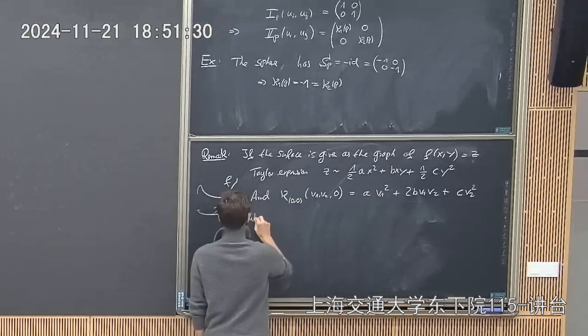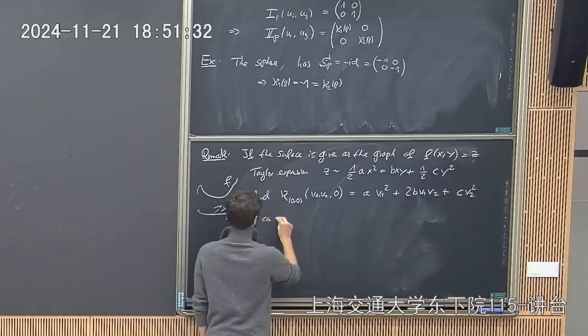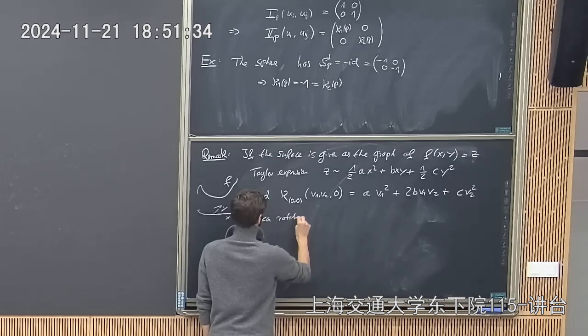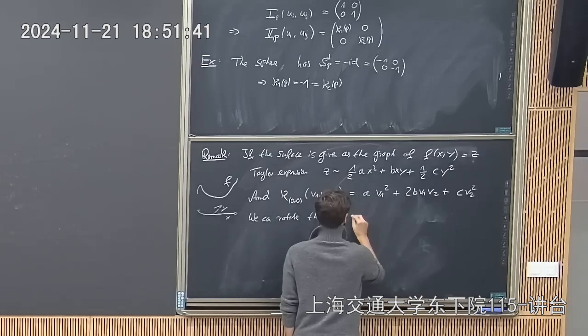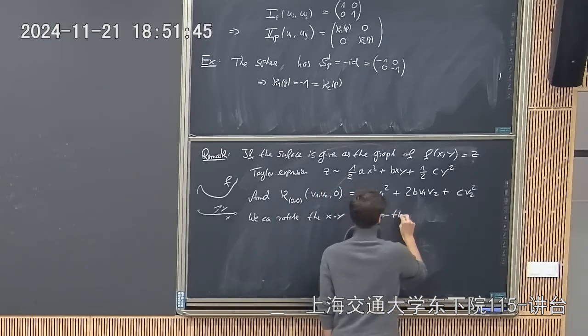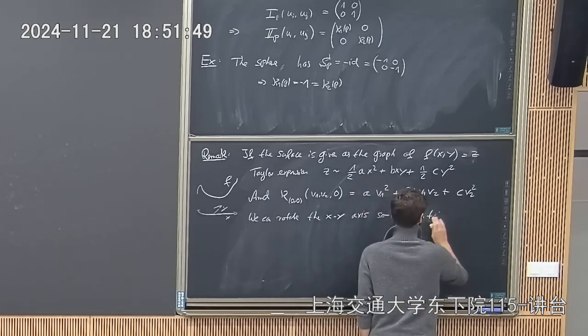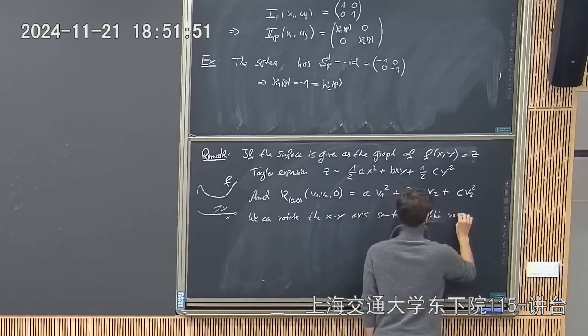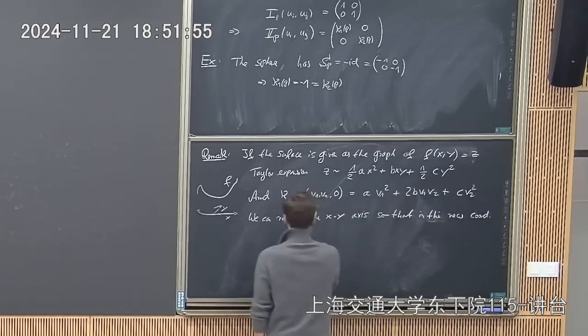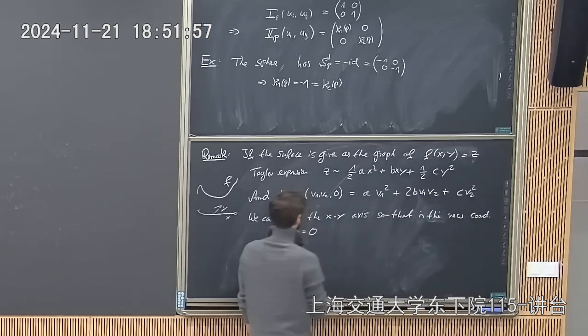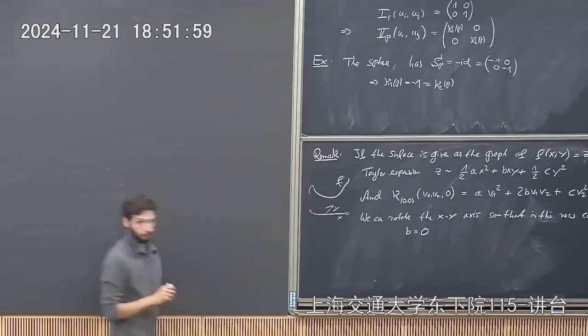So rotate the x, y axis so that in the new coordinates b equals 0. So that's always possible.